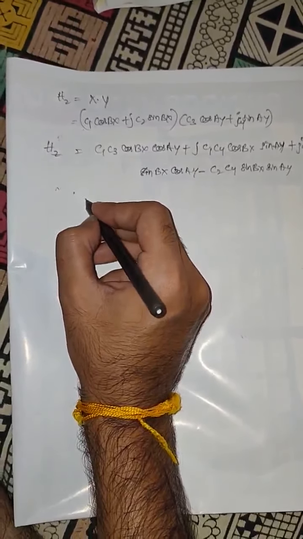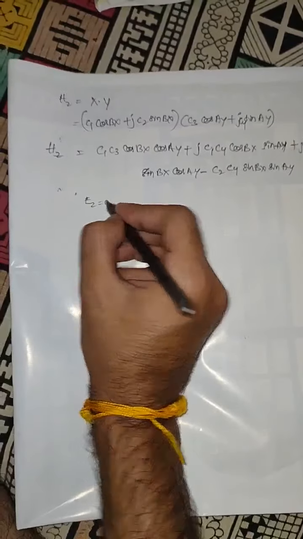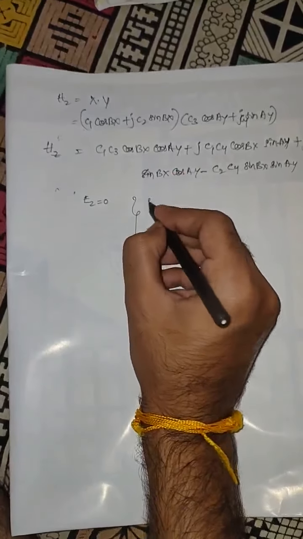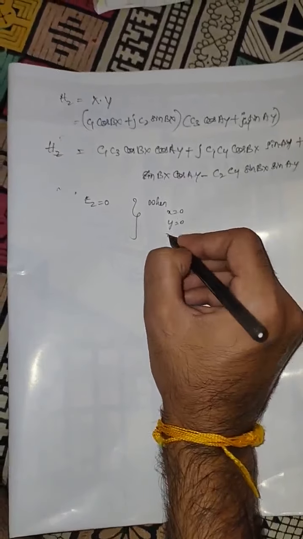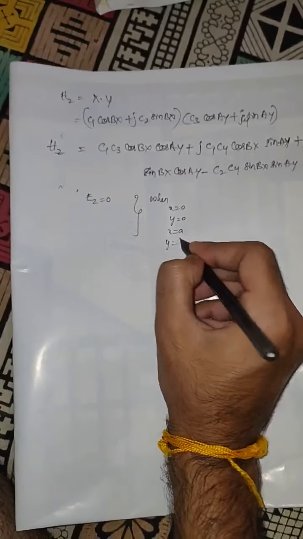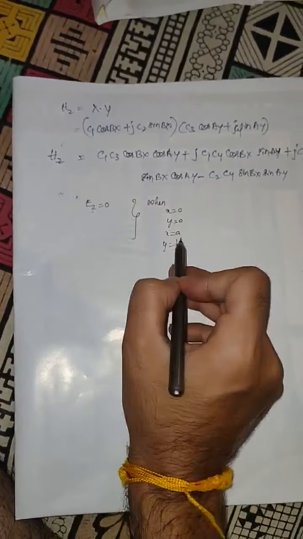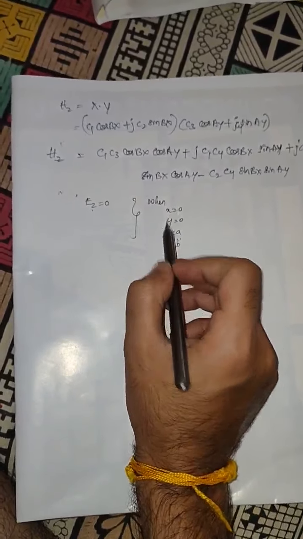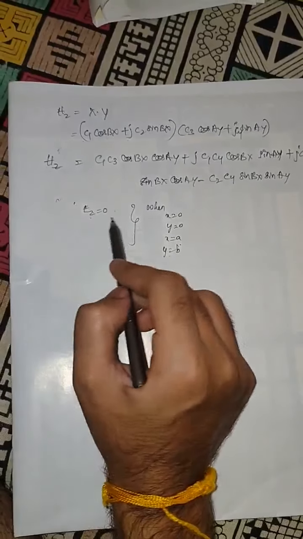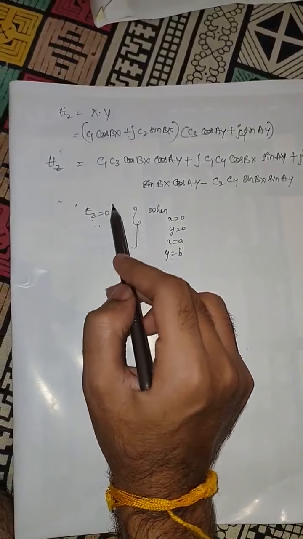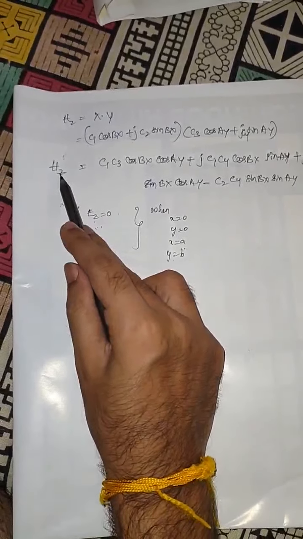So the boundary conditions are Ez equal to 0 when x is equal to 0 and y is equal to 0, x is equal to a and y is equal to b. So this Ez value is 0 for all the conditions. So boundary conditions are specified for only the electric field, not for the magnetic field.